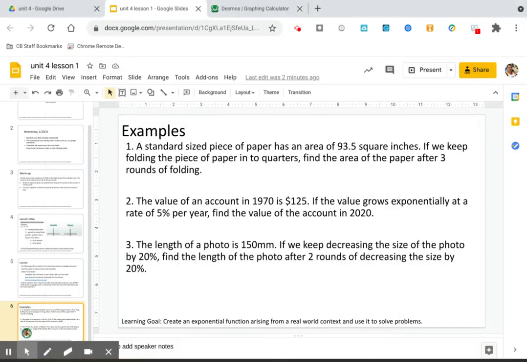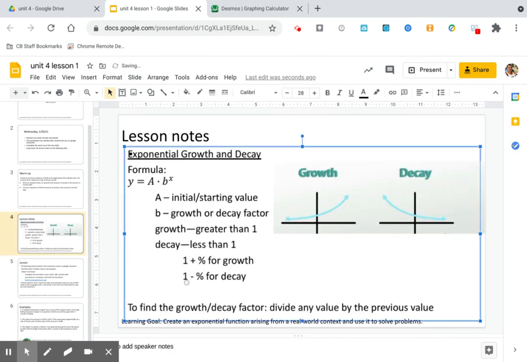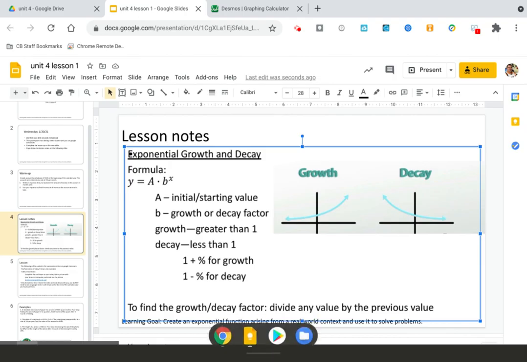Our B value we know has to be less than 1 because it's a decay. We're decreasing by 20%. So 20% is 0.20. So our decay factor is going to be 1 minus 0.20. 1 minus 0.20 is what? 0.80. So 1 minus 0.20 is 0.80.